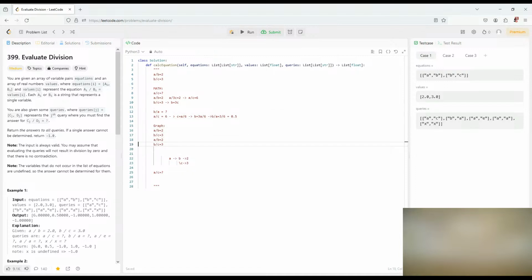Can we have some other things like paths or other things we can calculate from here? So what will be B divided by A? So in this equation, let's do it like this. Okay, it's going to be 2B, or A divided by 2 is going to be B.